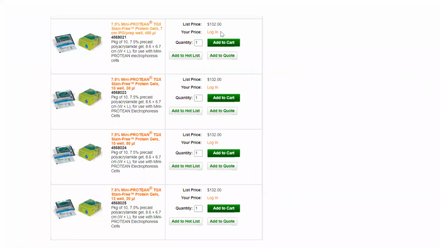I checked the company and found that normally one box, a kit of gel, has 10 pieces of gels and costs over $100. That means one piece of gel will cost you $30. I guess this is a big number for one piece of gel, but if you have enough money, that is not a problem.